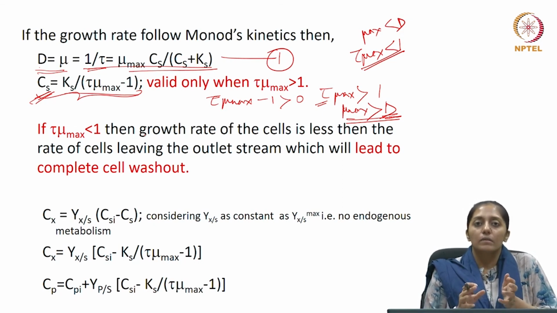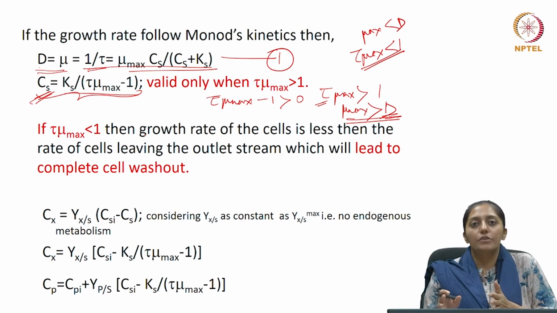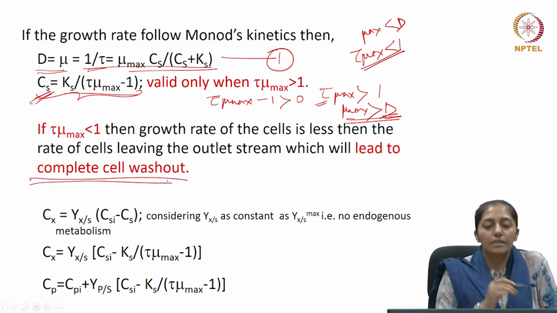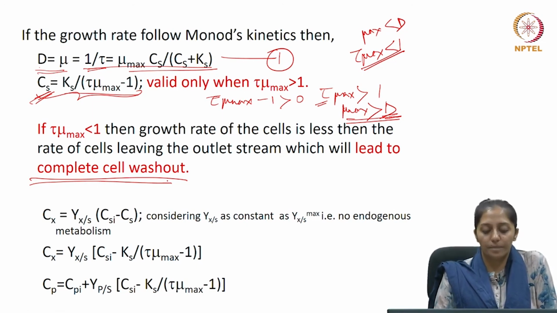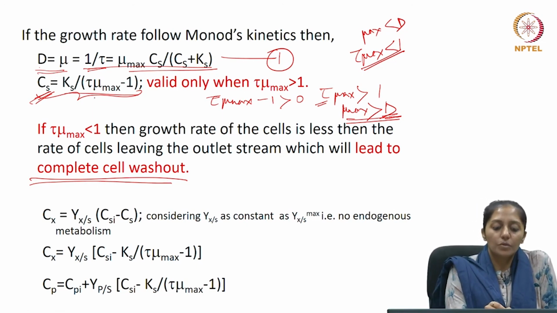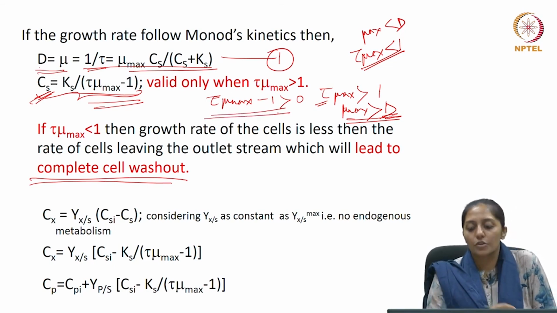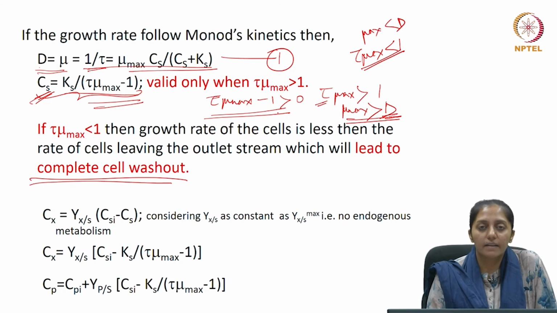So, this can lead to the complete washout of the cells. There will be no cells remaining inside the reactor. Hence, this will lead to complete washout, and this is called the washout phenomenon. So, this is the condition which has to be followed to prevent washout, that tau mu max should be greater than 1.